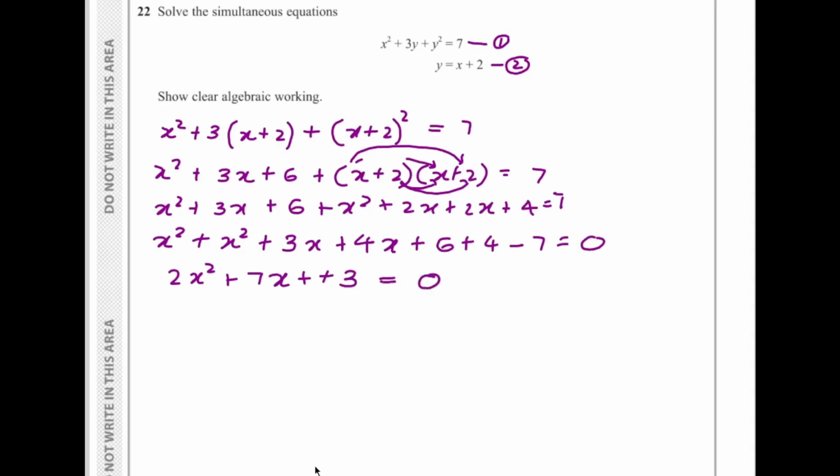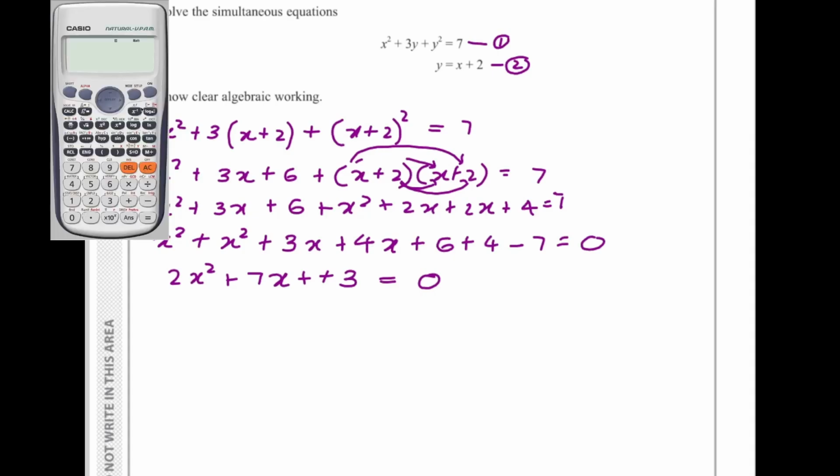So 2x squared plus 7x plus 3 equals 0. Now I can factorize this one. I'm using the calculator, it is easy. Mode 5, 1, so input the values: 2, equals, 7, equals, 3, equals. Wait a second.